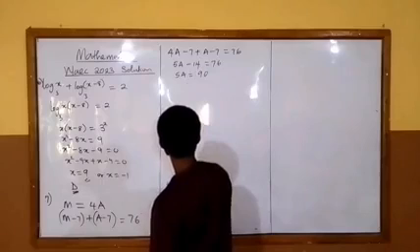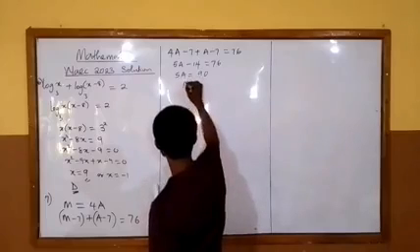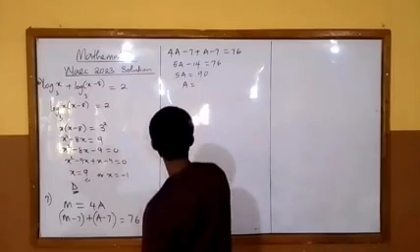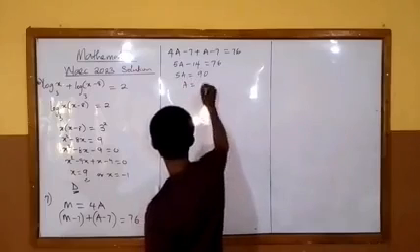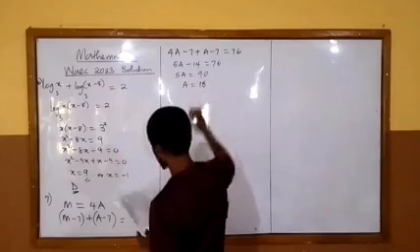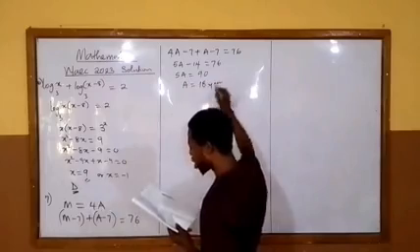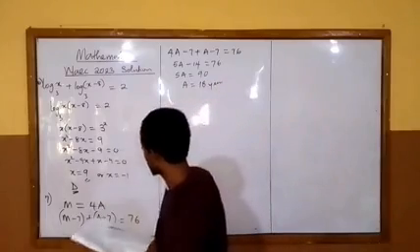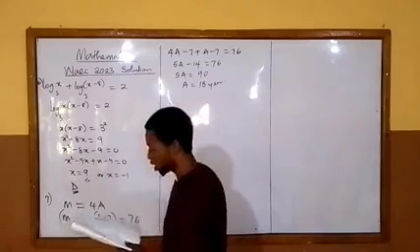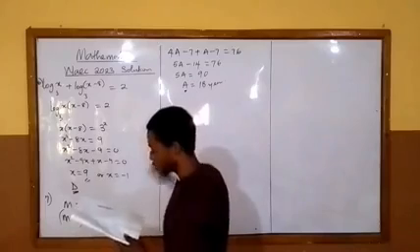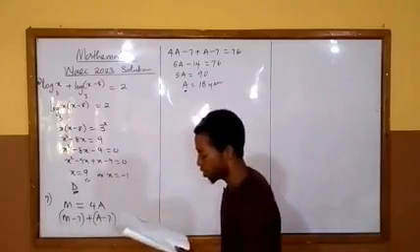Divide both sides by 5, and 90 divided by 5 gives us 18. The question asks how old is Adu, and thank God we find Adu directly here, standing for A. So Adu's age is 18 years.